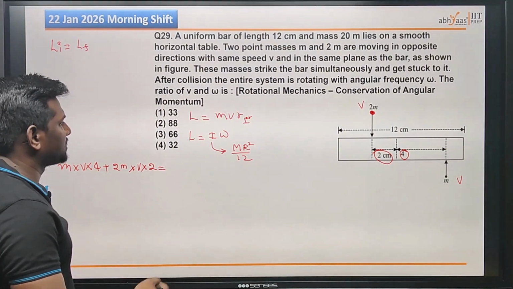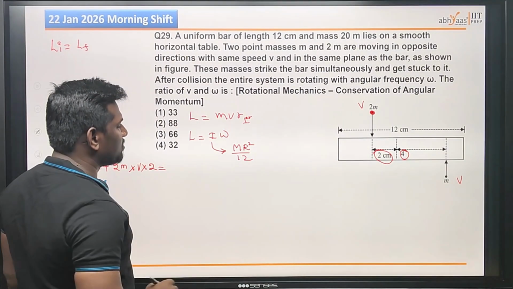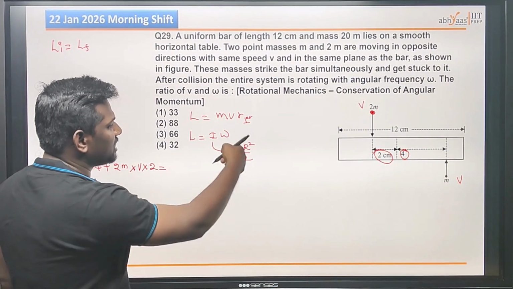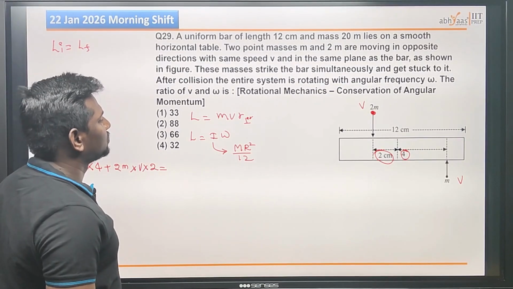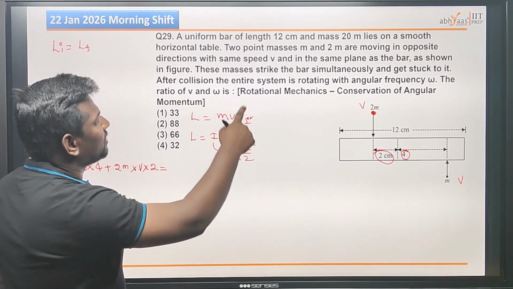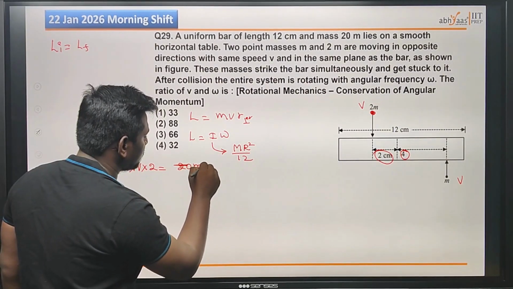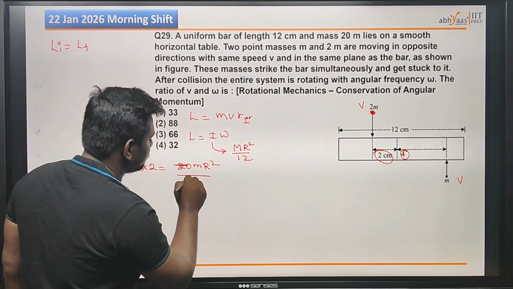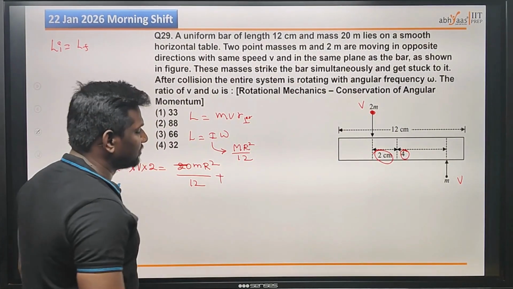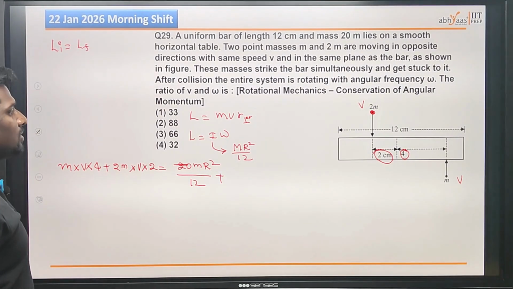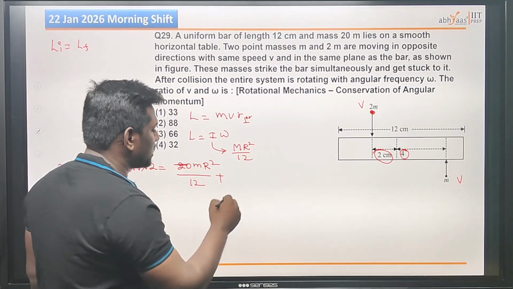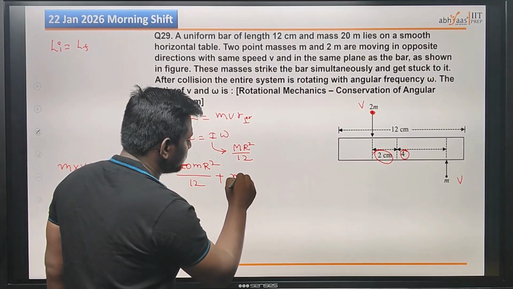Then next, what is that? I omega. So I am writing here I omega, mr square by 12. So what is m? 20 m r square by 12 plus, for particles, m r square.